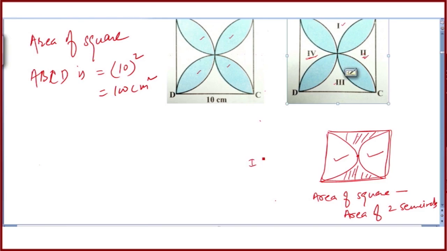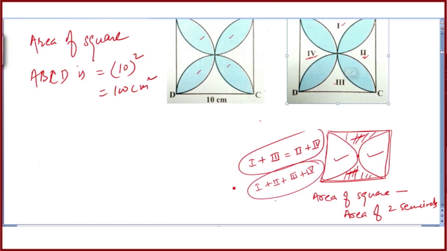So I can say area 1 plus area 3 is equal to area 2 plus area 4, right? So I just need to calculate this area, and then I will double it to calculate area 1 plus 2 plus 3 plus 4. Once I get this, I will subtract it from the square and I will get the area of the design, right?